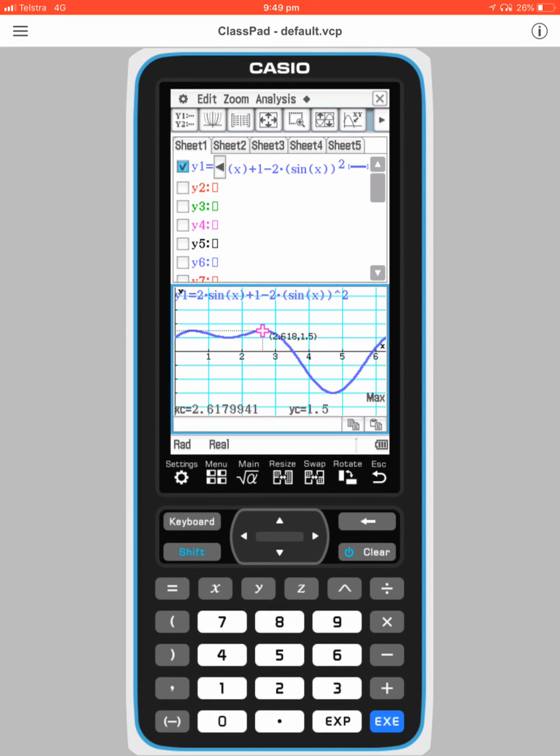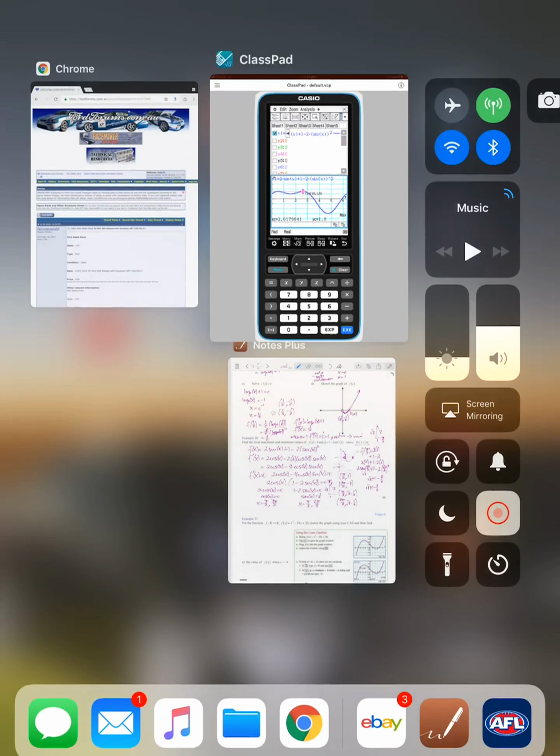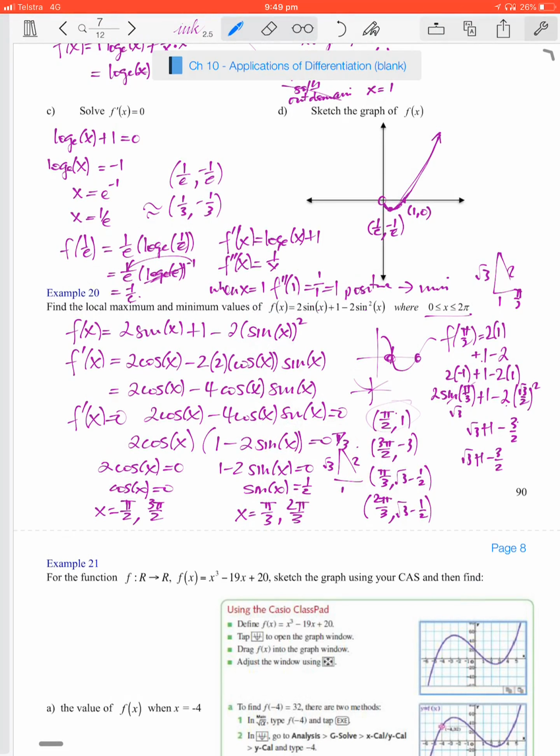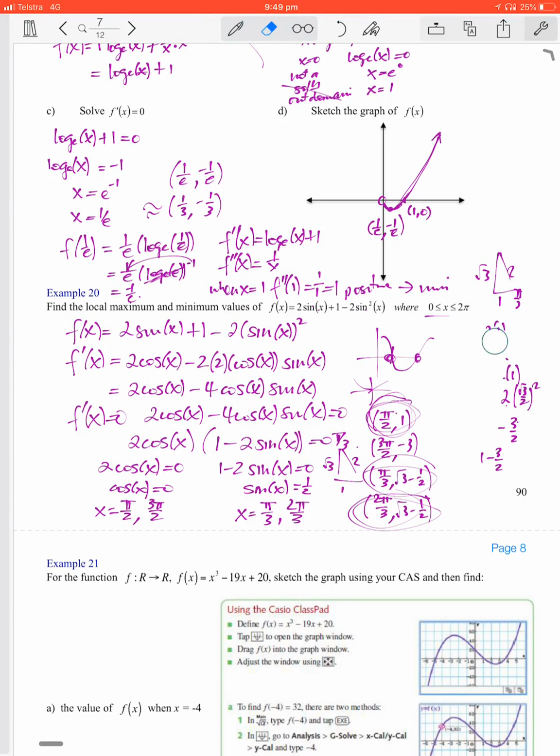Then another maximum at, that must be 2 pi on 3. So that's a max. That's a max. That's a min, but we mustn't get the same value. I must have stuffed something up. I can't be bothered trying to work it out.